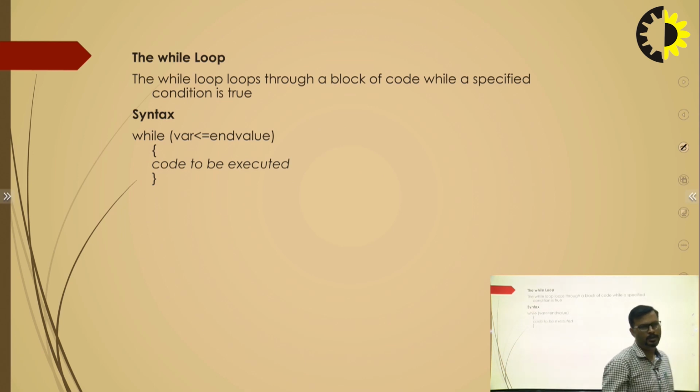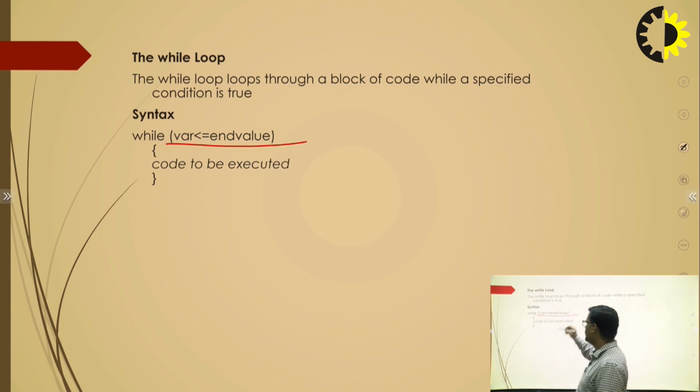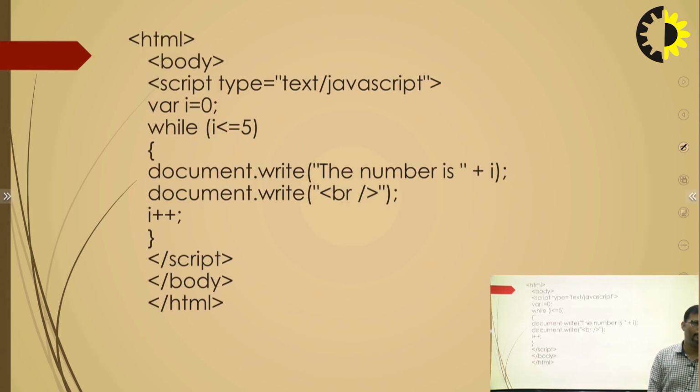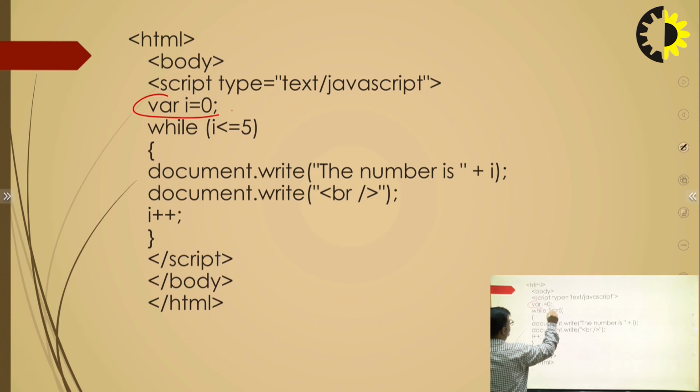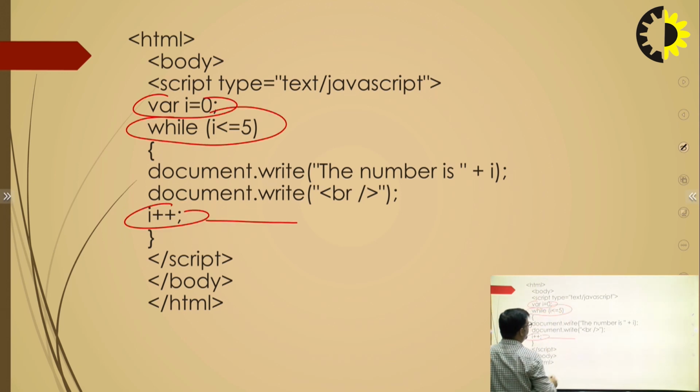While loop: here we will use the condition, then code will be executed. This is the initialization, this is the condition, and this is the increment or decrement, and these 2 lines will be executed here.